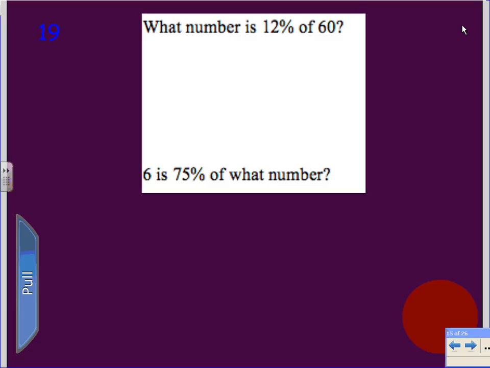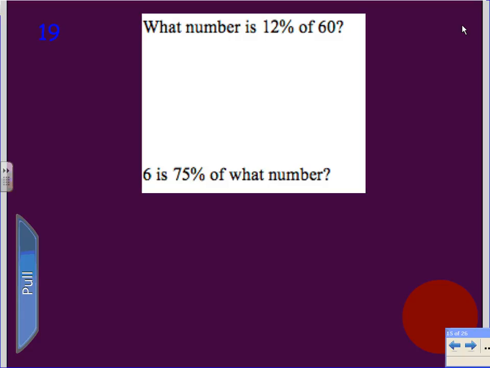If you guys get the answer, just leave it on your desk. We'll go over both of these together once Mike's done. You need to do both of them, Mike. Okay, go ahead.